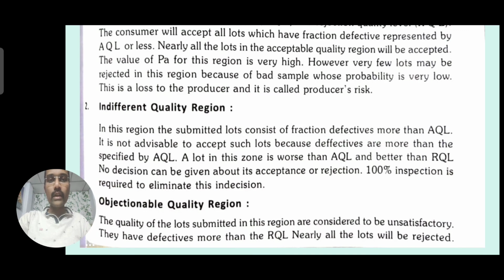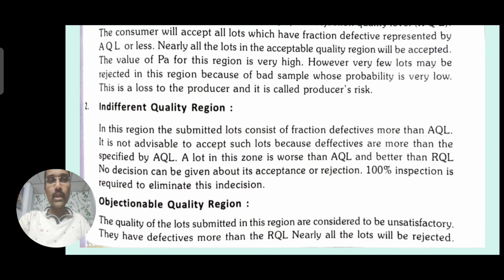The quality of lots submitted in this region is considered unsatisfactory because they have more defectives than the rejectionable quality level. So nearly all the lots will be rejected in this case.